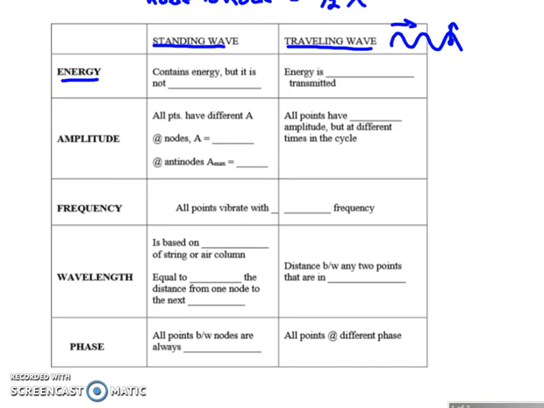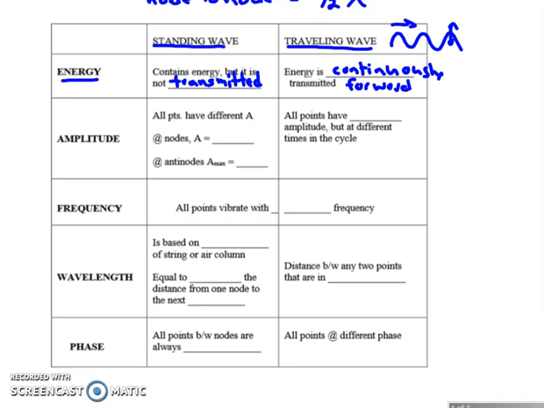The energy is not transmitted along the rope. It's basically stored in between the antinodes. And the antinodes aren't traveling forward. They're just going back and forth between two positions. Whereas in a traveling wave, the energy is continuously transmitted, let's just say forward.